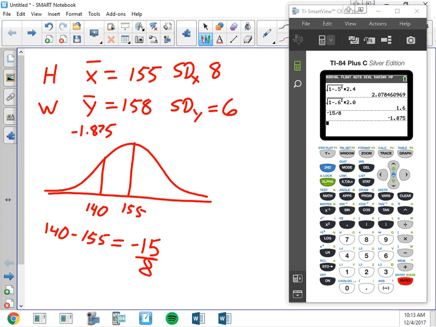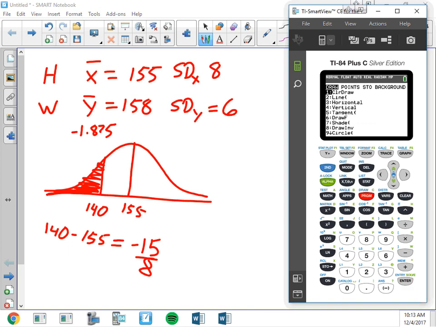And we want her percentile rank. Is that the area to the right of her or the area to the left of her? Area to the left. So this area over here. The easiest way to find that would be shade norm. So I clear out my draws, and I go to zoom recall, and that will give me my normal curve graph. And then my distribution.